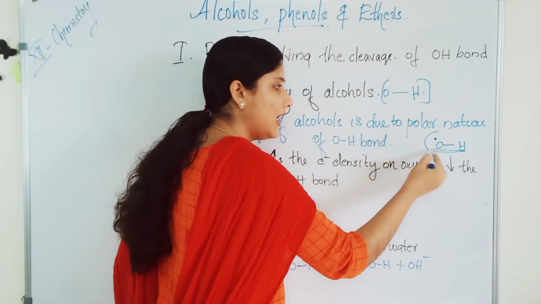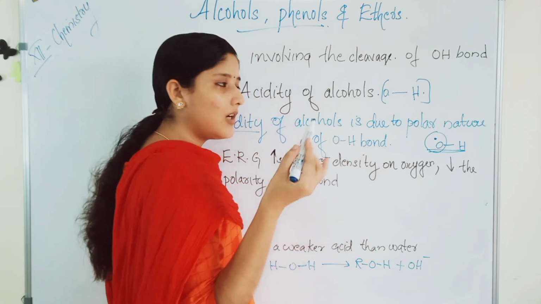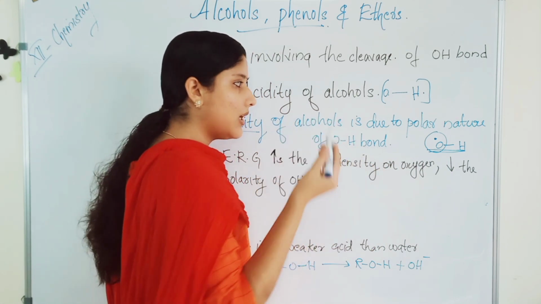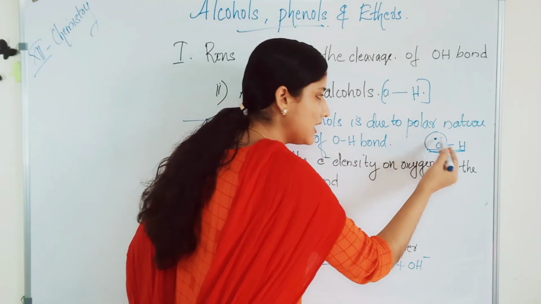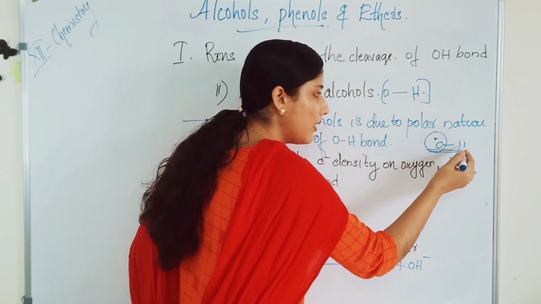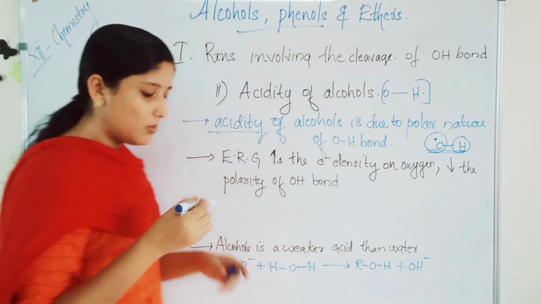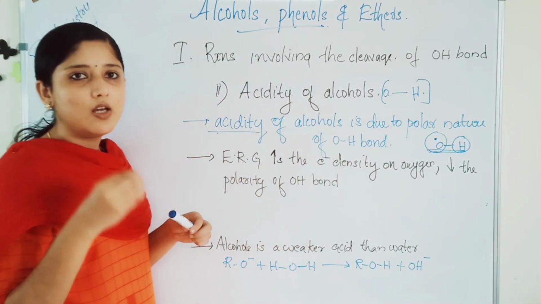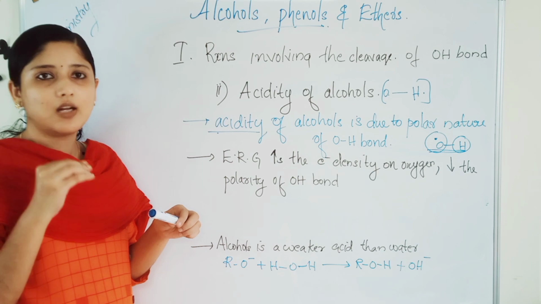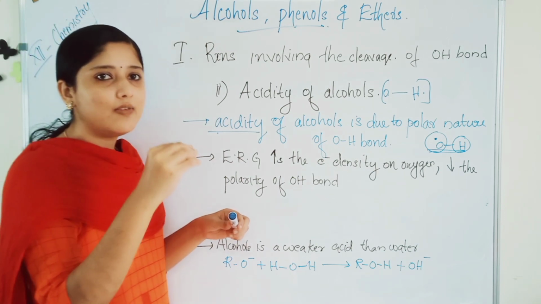Oxygen becomes highly electronegative because its electron density increases. As a result, it will strongly hold this H plus. When the oxygen becomes more and more electronegative, it will strongly hold the H plus and will not easily leave the hydrogen.